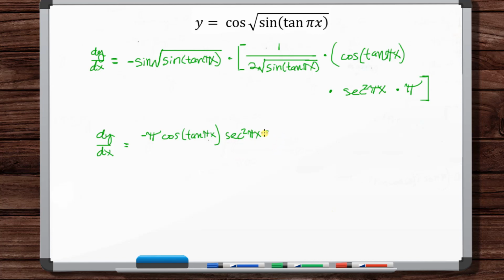And then now let's put this sine of the square root of sine tangent pi x. Okay, and now in the denominator you've got 2 root sine tangent pi x. All right, and that's your answer.